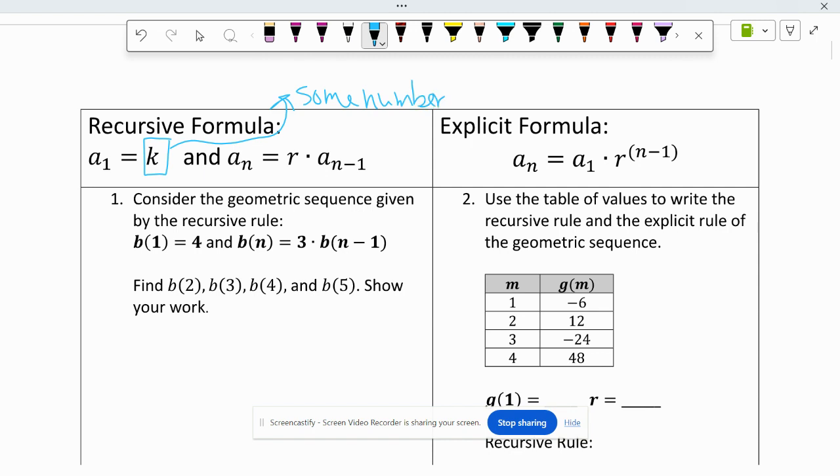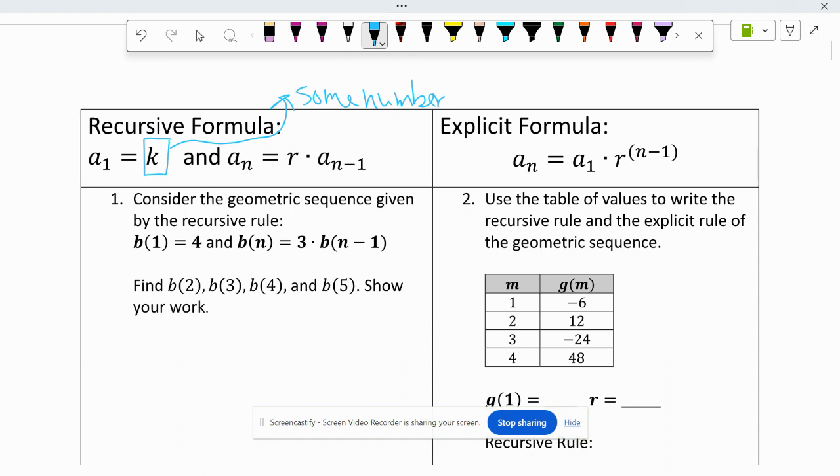So the recursive formula, you need to have the first term, and then a of n equals r, your common ratio, times the previous term, a of n minus 1. Remember that the recursive formula works on the previous term, what happened before.